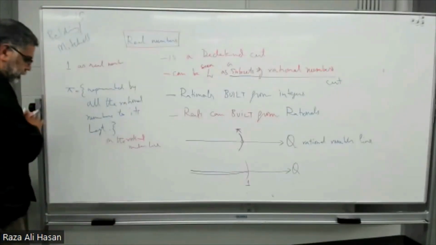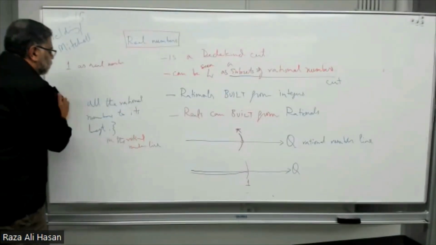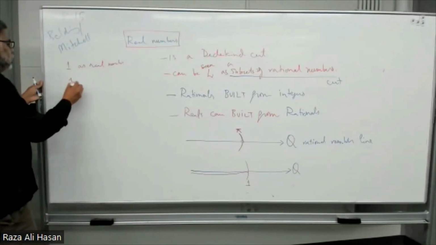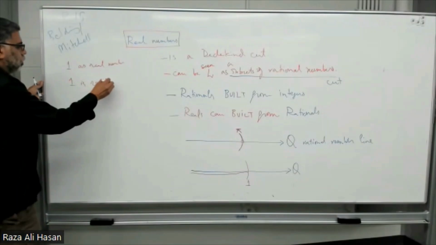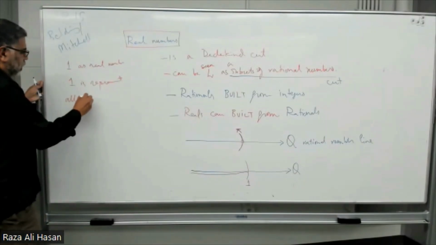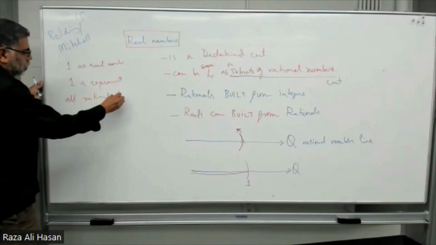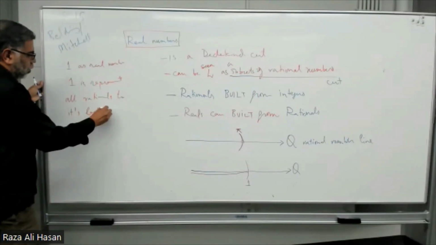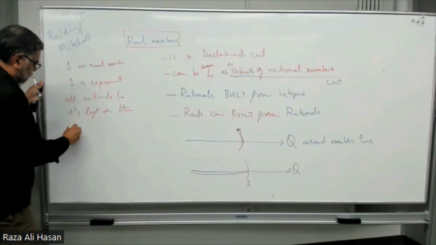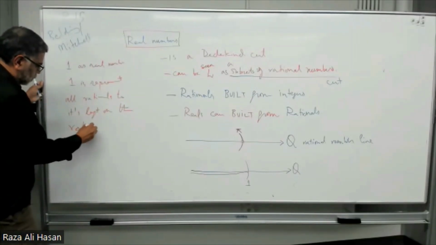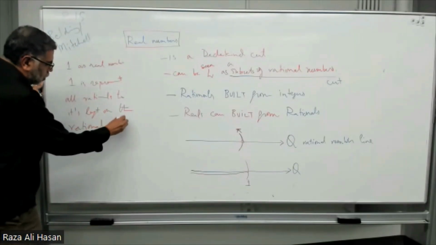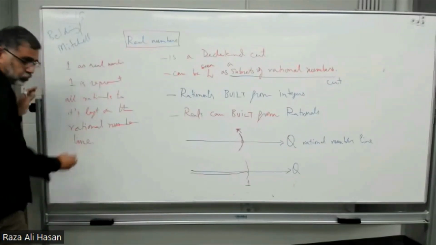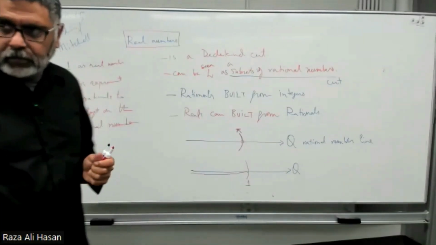So if you think of 1 as a real number, then 1 is represented by all the rational numbers to its left on the rational number line.